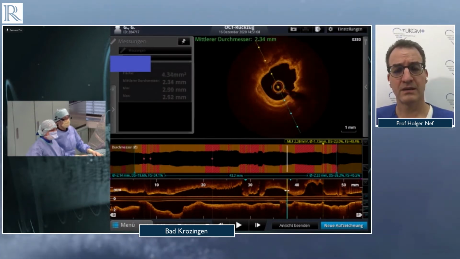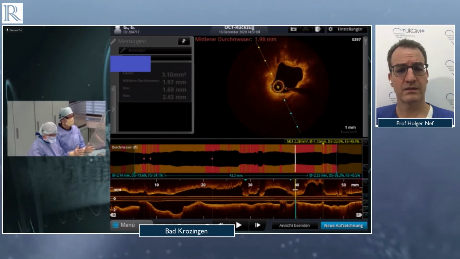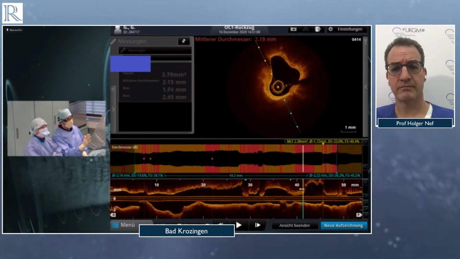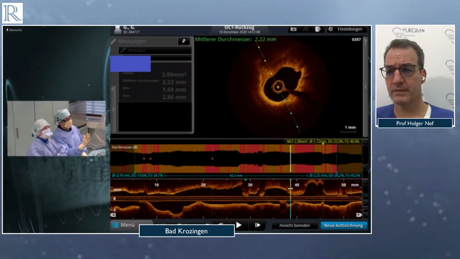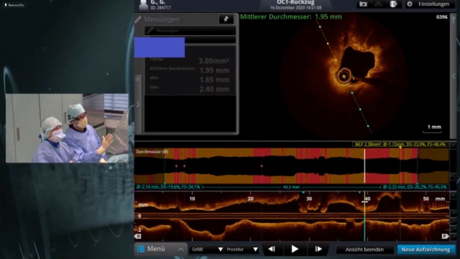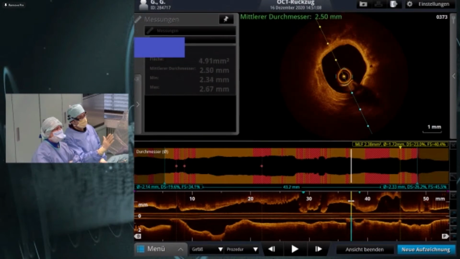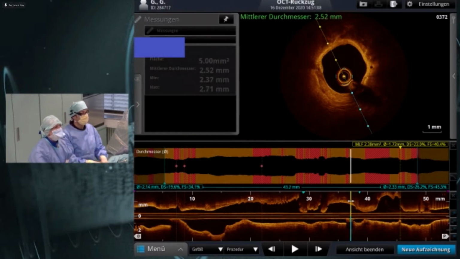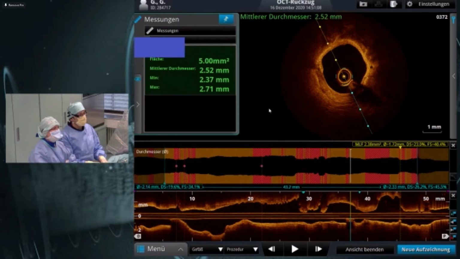Well, that's a good question, Holger. So actually here we see what Dr. Löffler showed us. If we go a little bit back, a little bit proximal, you see 180 degrees here. Ein bisschen nach distal. Yeah, actually you can see 180 degrees of calcium there, and also the thickness of calcium. So maybe we can try to disrupt the calcified plaque there.